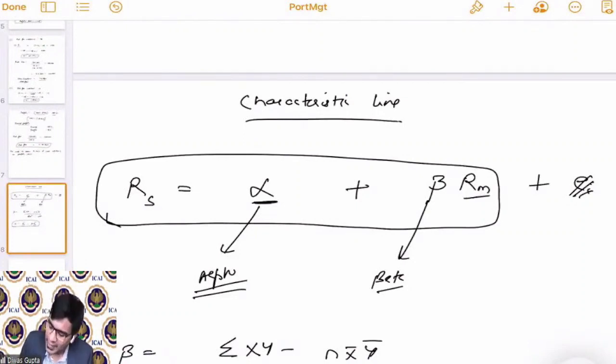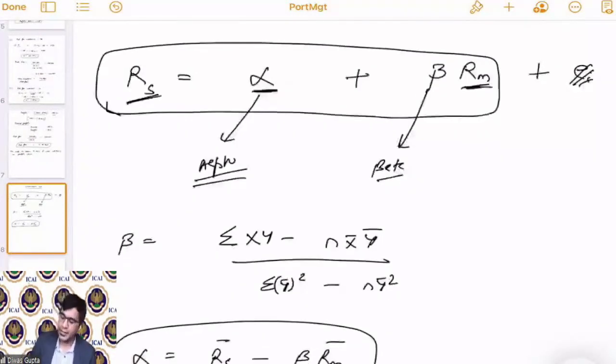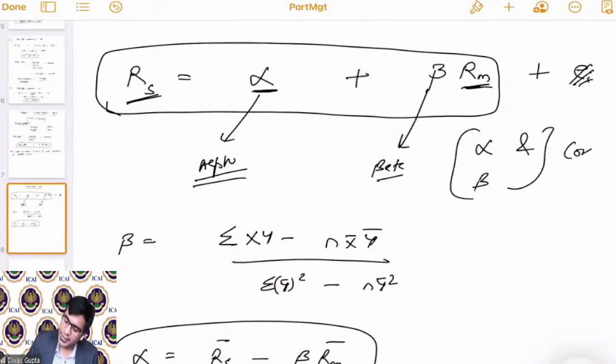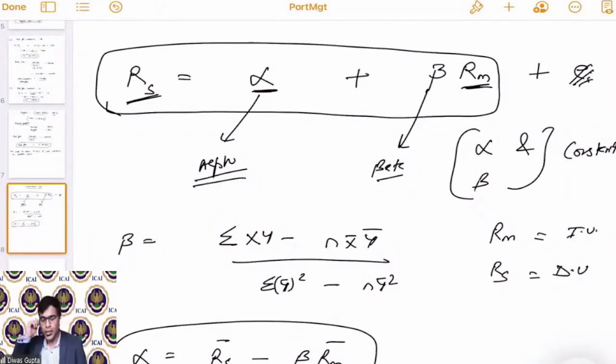Both alpha and beta are constant. RM is the independent variable and RS is the dependent variable.